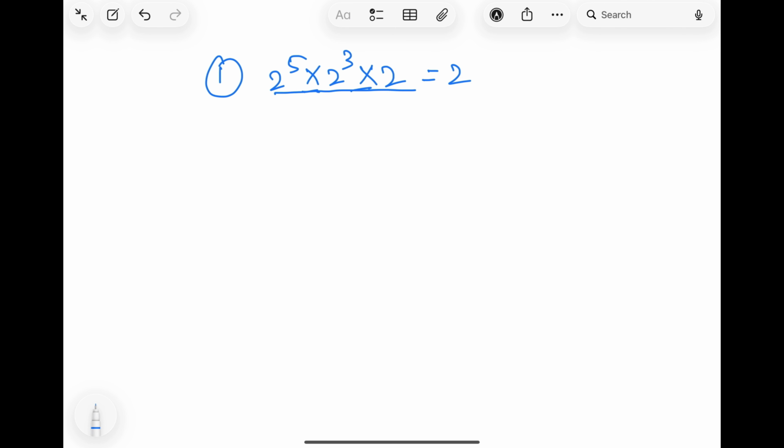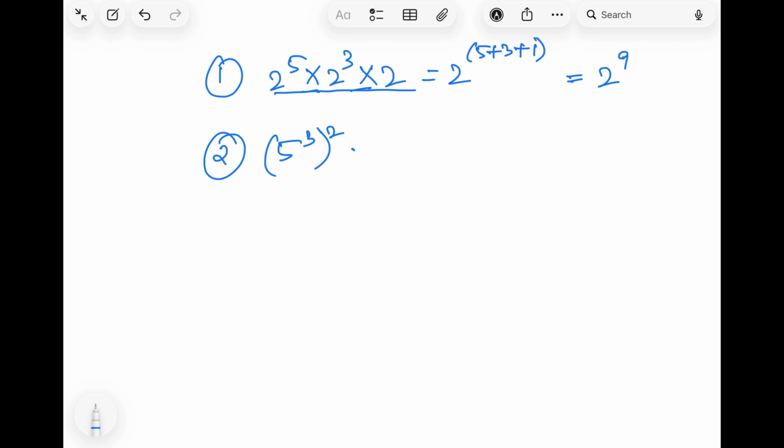So we simply add the powers. 5 plus 3, if there is nothing, that means it's 1. So what is the total? 2 raised to 9. Similarly, the second question, 5 raised to 3, the whole raised to 2. So it's 5 raised to 3 into 2. When we have 2 powers, we simply multiply the powers. 5 raised to 6.